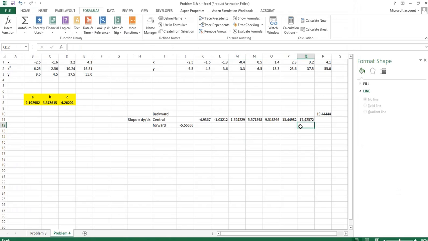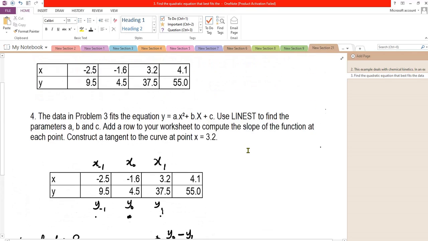Now, having gotten the slope, use a liner here. So what's the next question there?